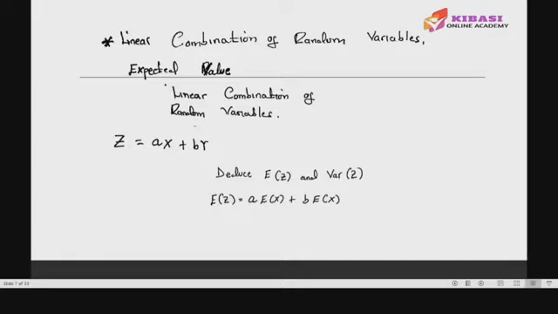Here is y not x, sorry. Then variance ya z itakuwa ni a square variance ya x plus b square variance ya y plus 2ab, because we have two variable, ab is weight or probability, covariance ya x and y.